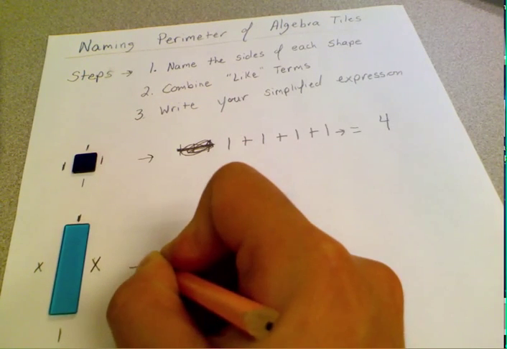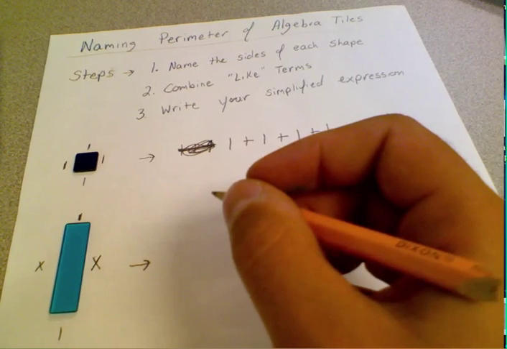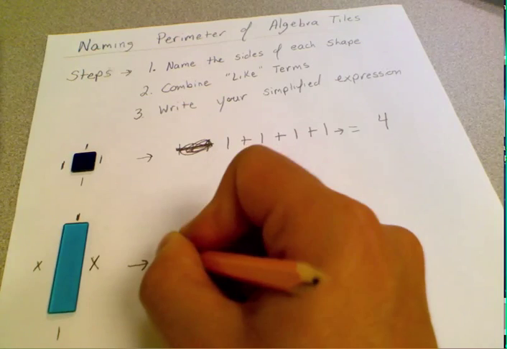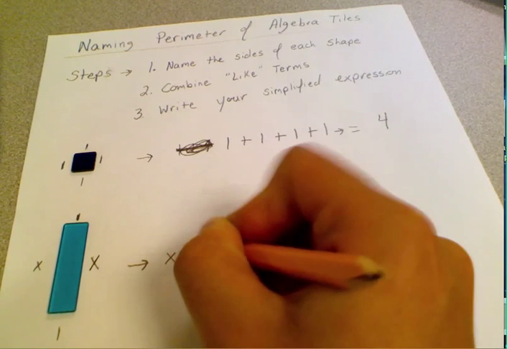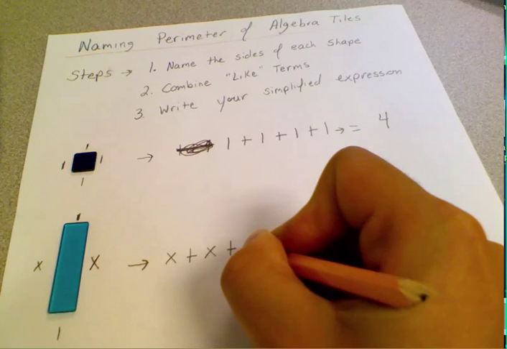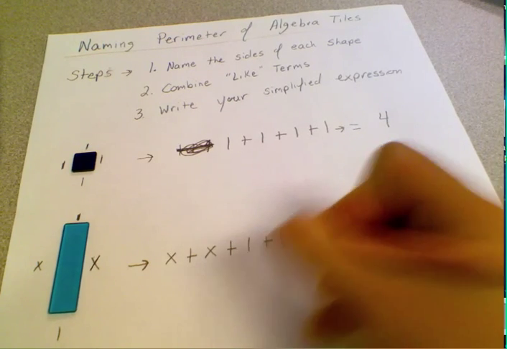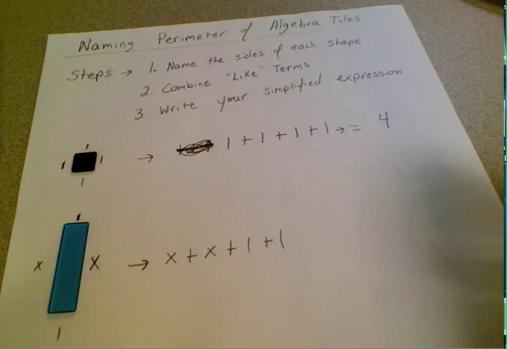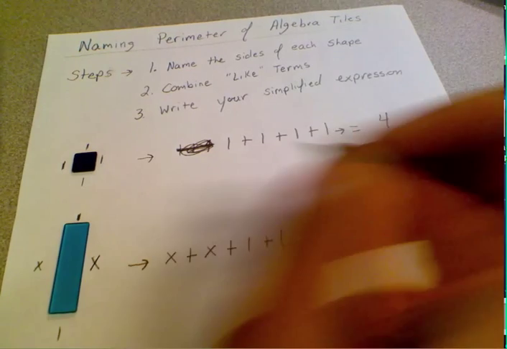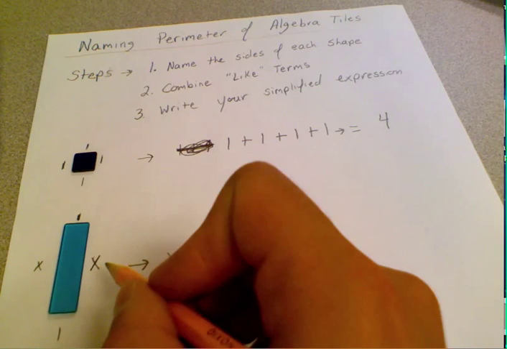Now I'm going to combine like terms. In other words, the terms that are alike here. I know the x's are alike, and I know the 1's are alike. So now I've combined like terms. Now I'm going to write my simplified expression. How many x's do you see here?